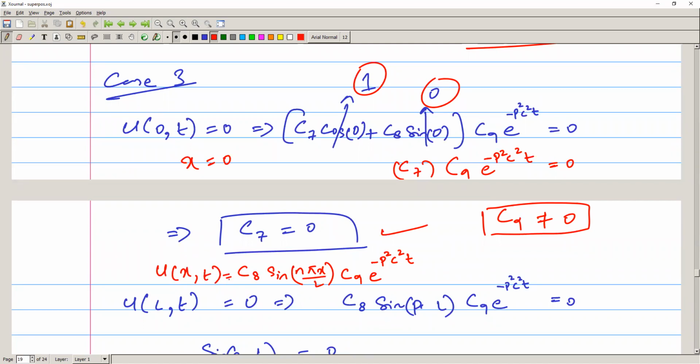Now we will apply the second boundary condition, that is at x is equal to L. Again, it says that it is equal to 0. So c8 sine pL, sorry, this is not sine n pi x over L. This is sine px.